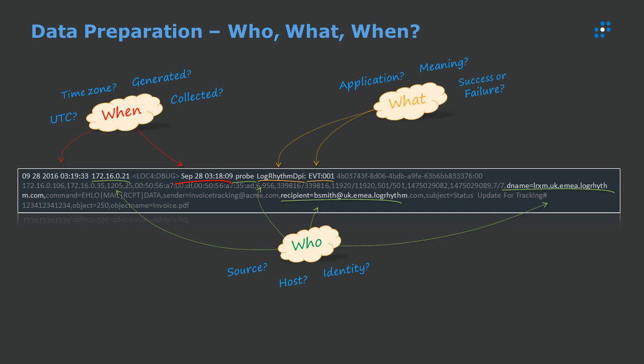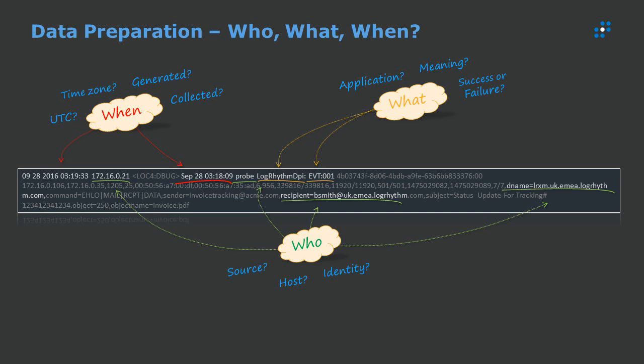If we move on to the what, is this an application log? What kind of application is this actually? We've got an event ID 001 in here. What does that mean? Do I know? Does it matter? Is it a success message? Is it a failure message? There's not enough data in the log itself to tell me that information.